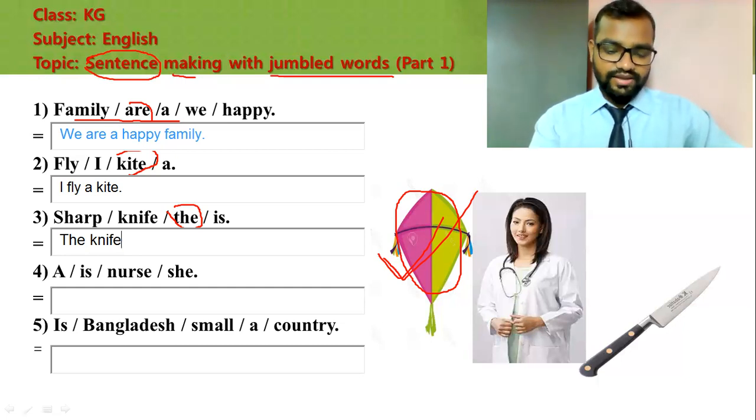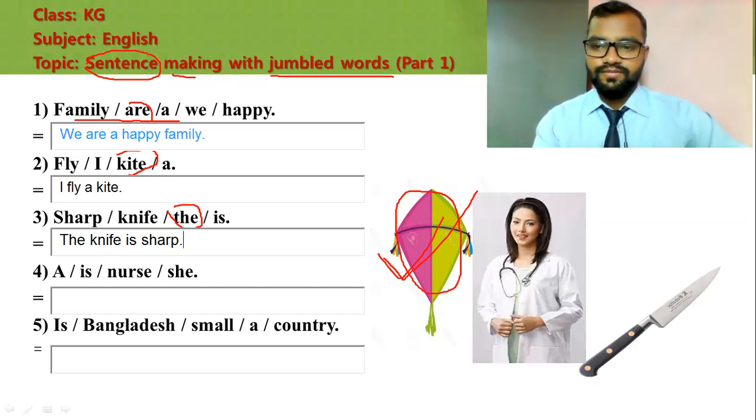And if we put "is", nice, the knife is what? You know, the knives are sharp. So write "sharp". All right. Now, do you have a clear idea about what it means? Yeah, I'm sure you do because the knife is sharp. I use the knife. The knife is sharp.